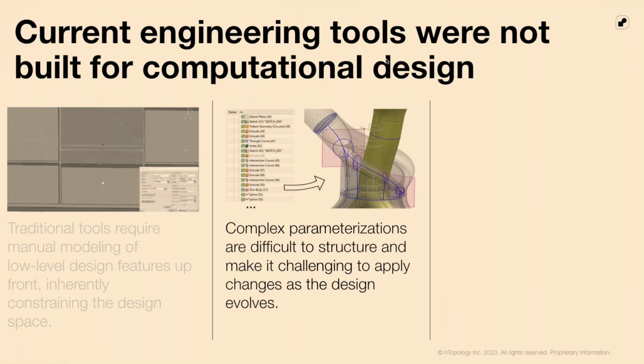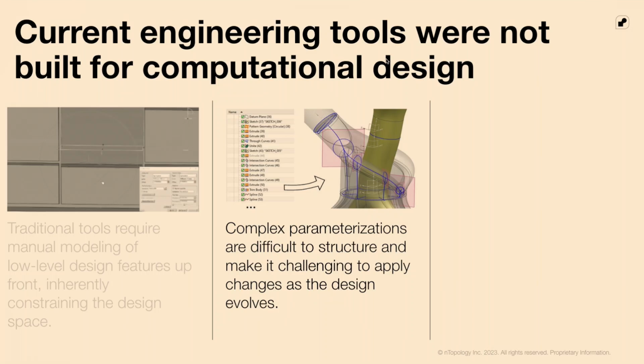Second, it's very tricky to set up relationships between geometry in a parametric CAD system. For example, this is a manifold for a rocket intake, and what you'd want to do is have the manifold diameter changing over the course of the curve while it joins together, based on some target pressure in and target pressure out.